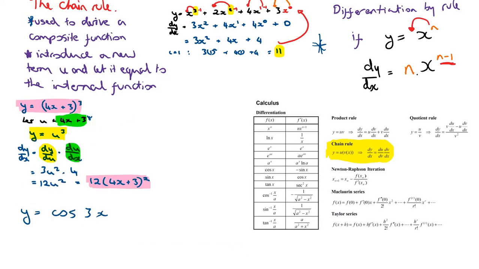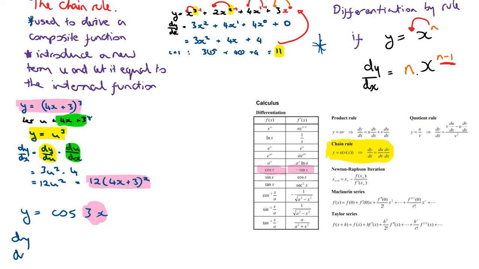We're now going to look at a different function, y is equal to cos of 3x, and we're going to derive this. We're going to have to use the chain rule here because we do have an internal function. It's not just x, it's cos of 3x. So we look at the derivative of cos in the tables, and that's minus sine. And what I said in the previous sum was that we derive the overall function, almost pretending that the internal function was just an x, so the derivative of cos is minus sine, so it's going to be minus sine of 3x.